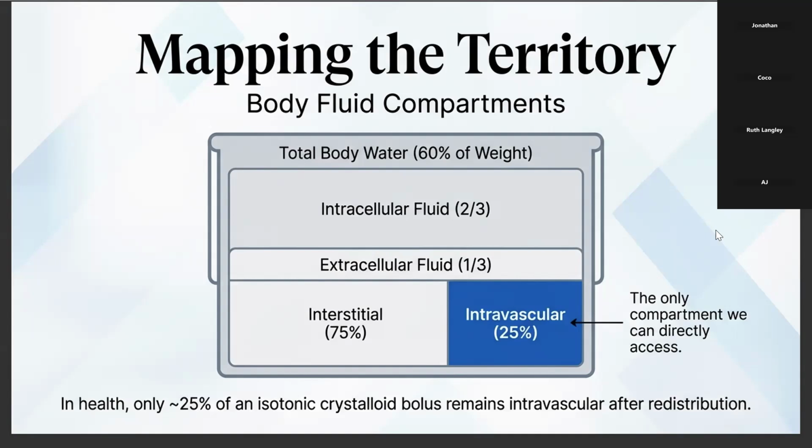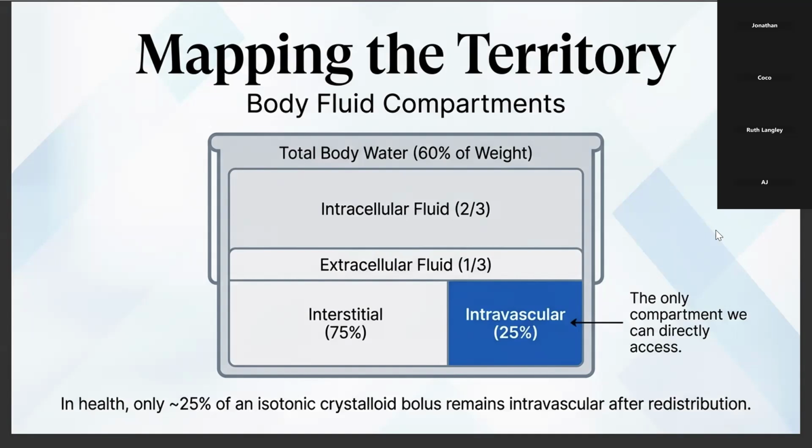There's obviously something else in the lungs as well in between those, and that's the interstitial space. Okay. So the intravascular space only comprises 25% of the one-third of extracellular fluid. And that's the only compartment we can directly access. We can't directly access any of the others.